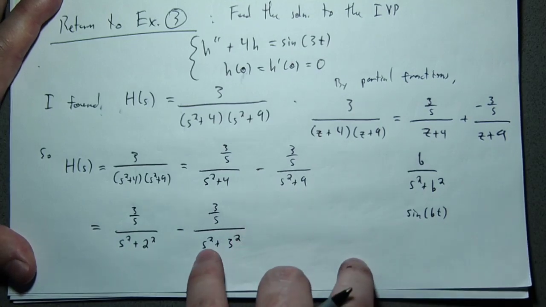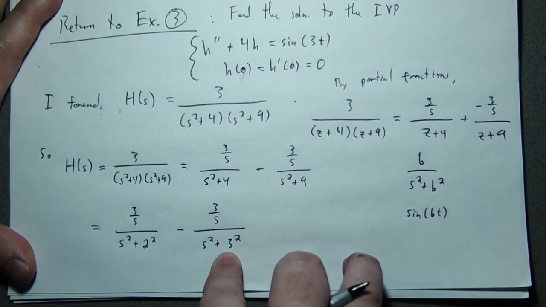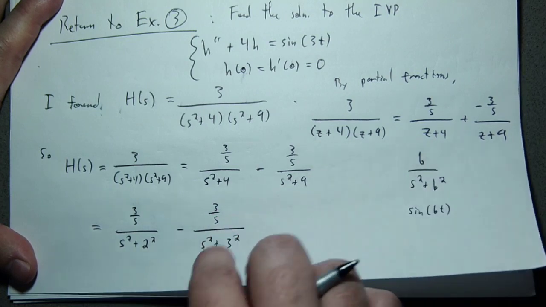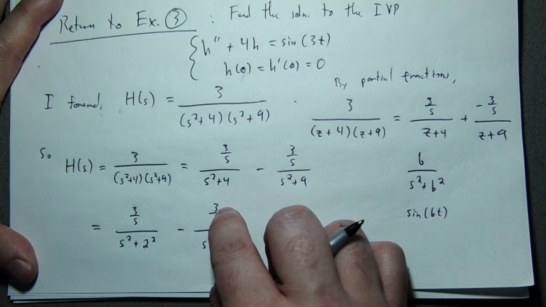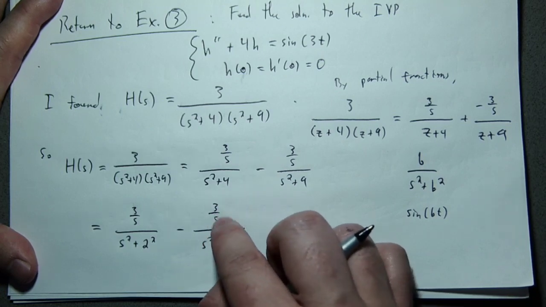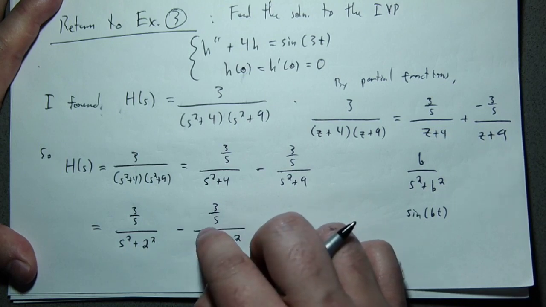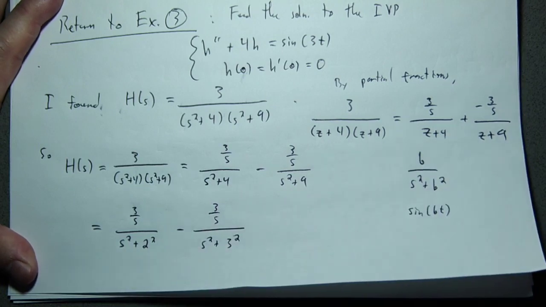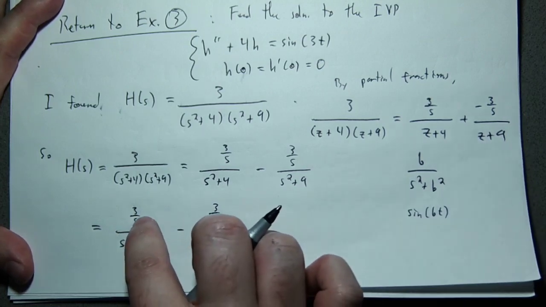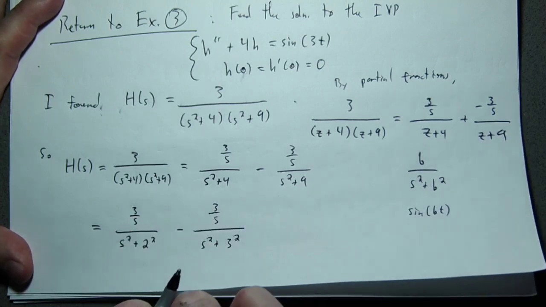So this is s squared plus 3 squared in the denominator. What do I want here in the numerator? I want a 3. Well, I have a 3 in this numerator, I have 3/5. So I could rewrite that as 3 times 1/5 and pull the 1/5 out. And that's exactly what I'm going to do. Here, I don't have a 2 showing up, so I put a 2 in, but then I have to put a 2 in the denominator to account for it.